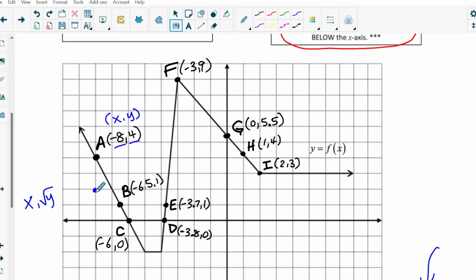Well, that's -8, 2. So that's the first one. So this is -8, square root of 4, or -8, 2.